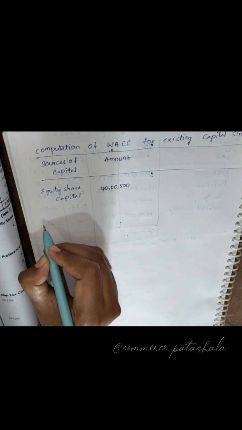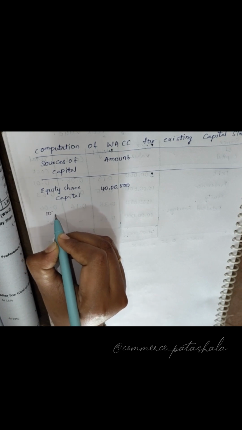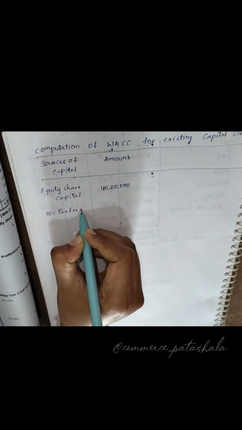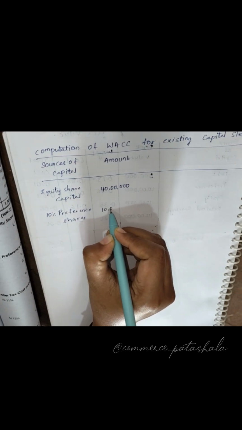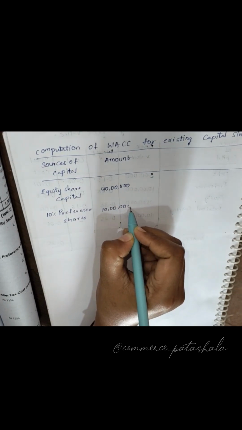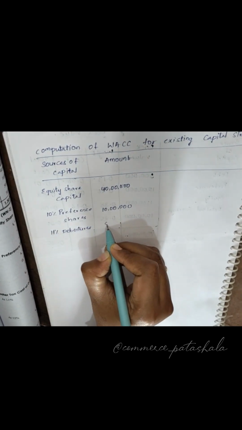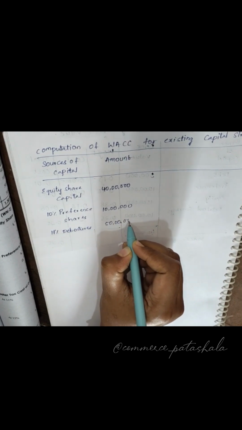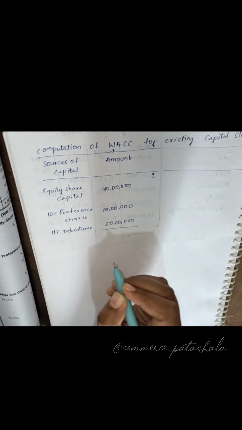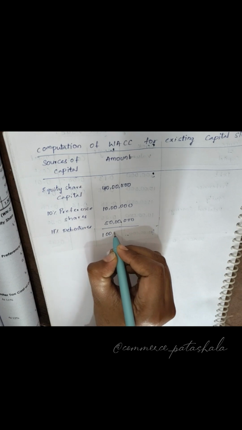And 10% preference shares, amount being 10 lakh. 11% debentures, amount being 50 lakh. If you sum up, the whole capital comes to 1 crore rupees.